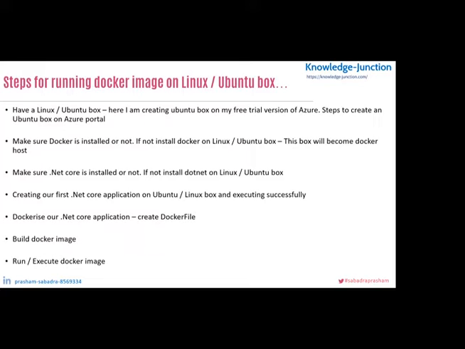How do we do that? What are the prerequisites? For example, there is a concept called a Dockerfile. What is that Dockerfile? It contains several instructions. We'll also check how to make sure that .NET Core is installed on our Linux box, how to check whether Docker is installed, and then convert this application to be Dockerized, and then build and execute it.